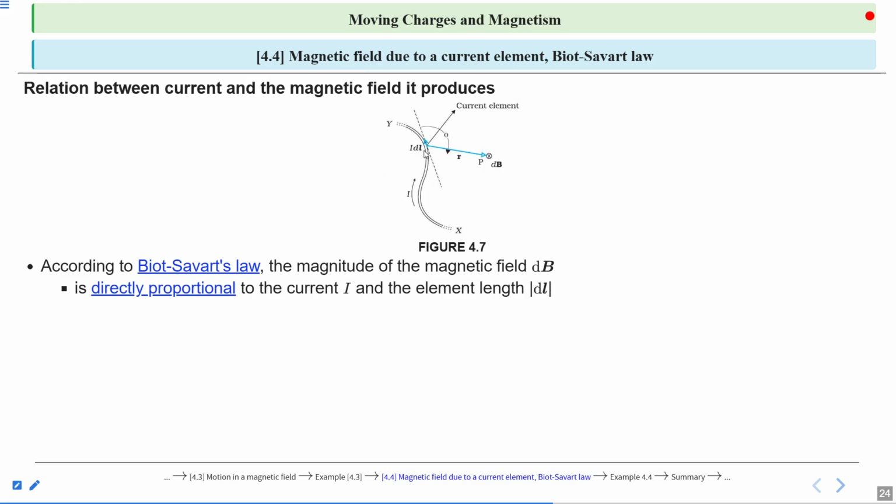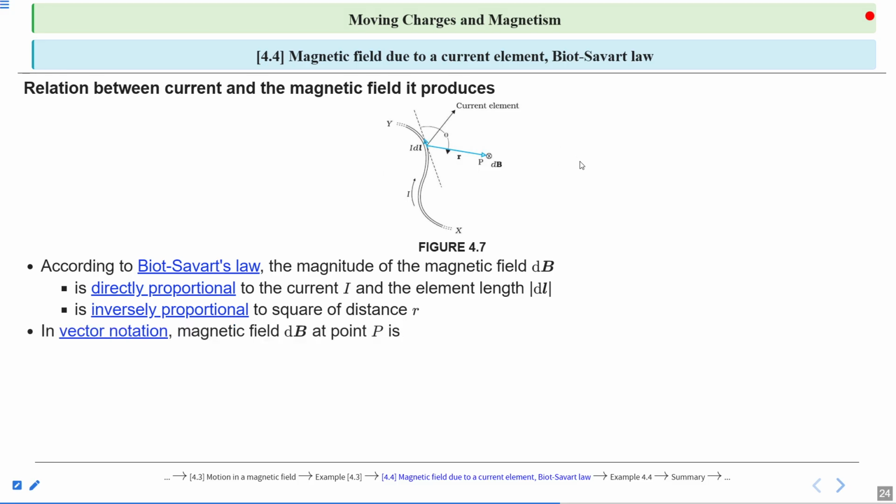If we take a very small dl, the magnetic field will be very small. And dB is inversely proportional to the square of distance r, the distance from this dl to point P.